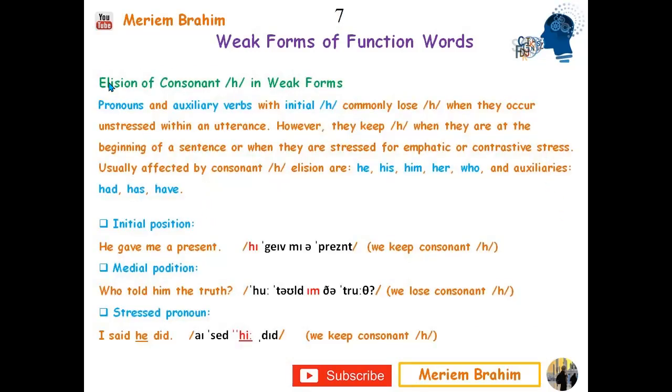We move to another process which is common in speech, which is the elision of consonant h in weak forms. So pronouns and auxiliary verbs with initial h commonly lose the h when they occur unstressed within an utterance.